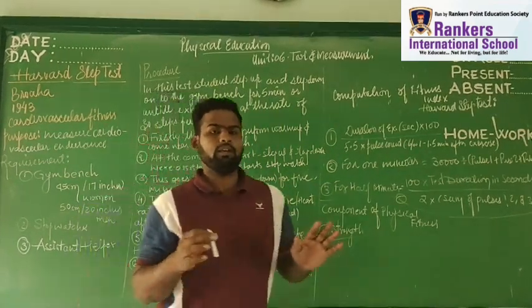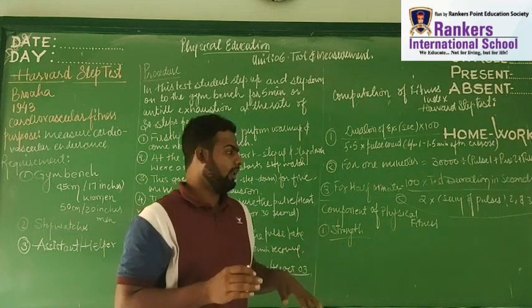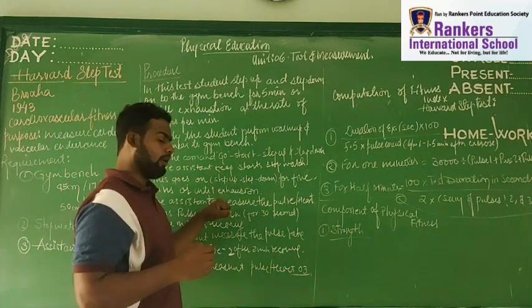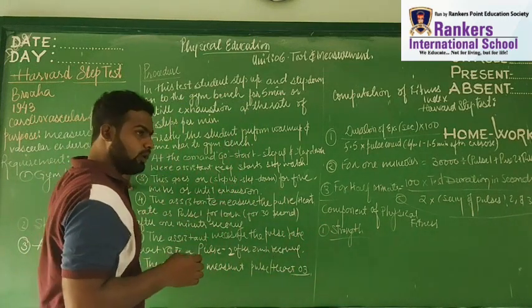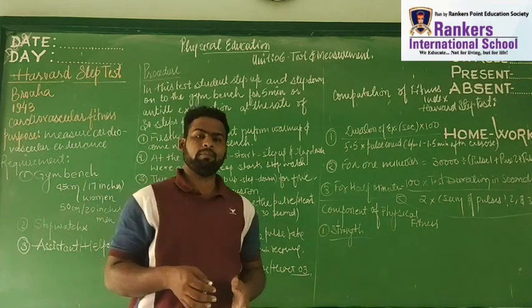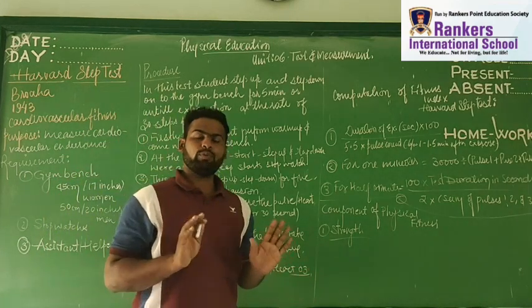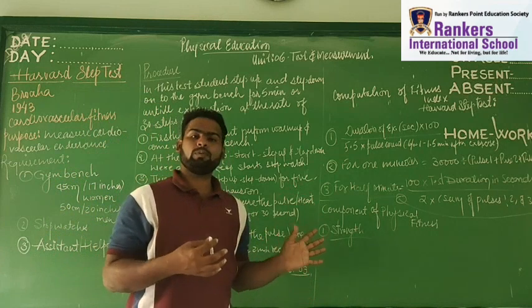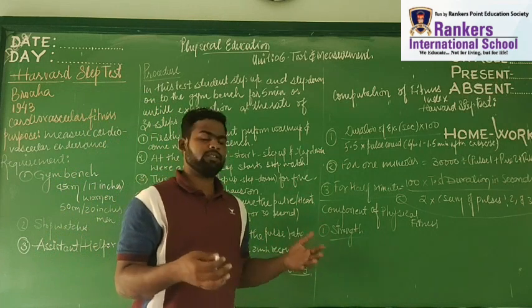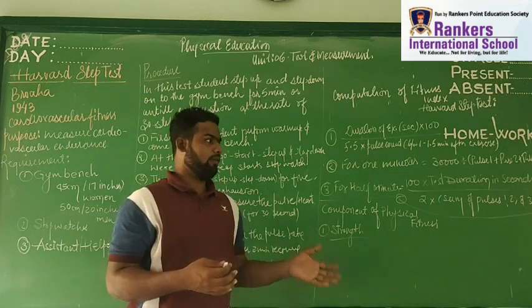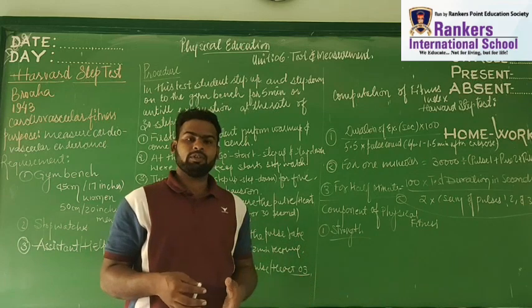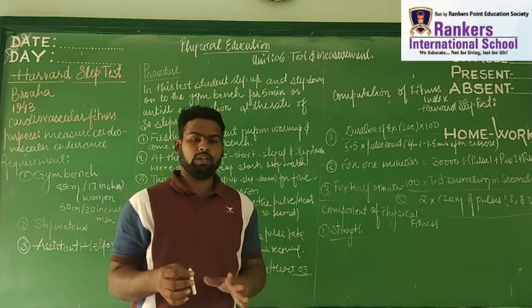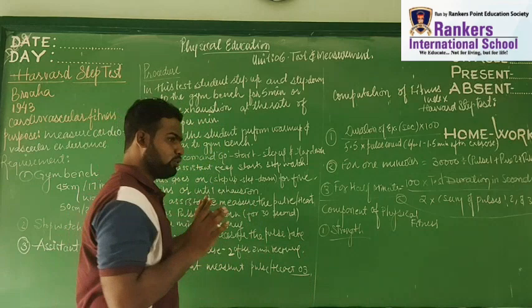Let's say I am standing here and pushing this wall, this board. What happens? I cannot push it because it is so huge and heavy. It has more capacity than me, so my muscles do not have the capacity to push it.